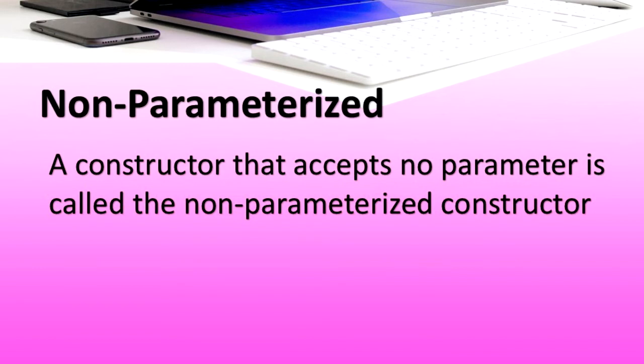With a default constructor, objects are created just the same way as variables of other data types are created. For instance, X o1 = new X will create the object o1 of X by invoking the default constructor. But when the constructor accepts some parameters, the initial values must be passed at the time of object creation. So this is about non-parameterized constructors.